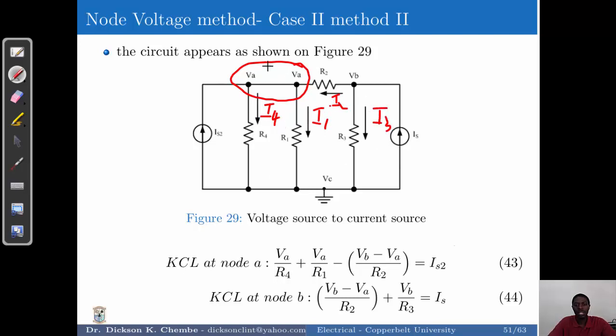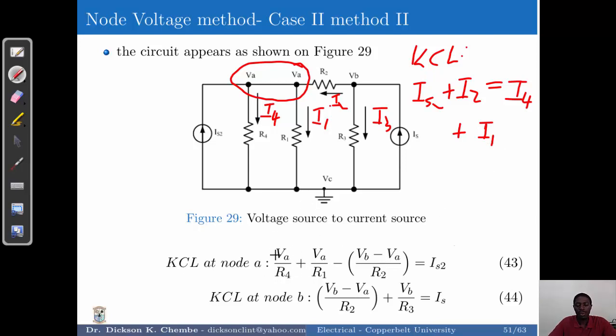So KCL at node A will appear as follows. You've got IS2 entering, and then you've got I2 entering, so plus I2. This should be equal to the sum of currents leaving, which is I4 plus I1. And these are the currents that we have.